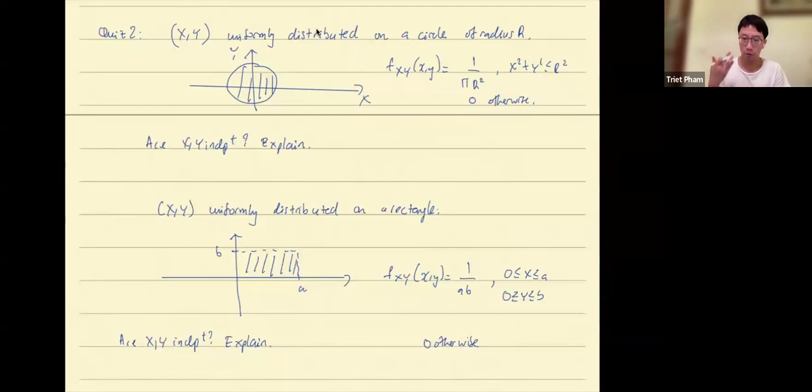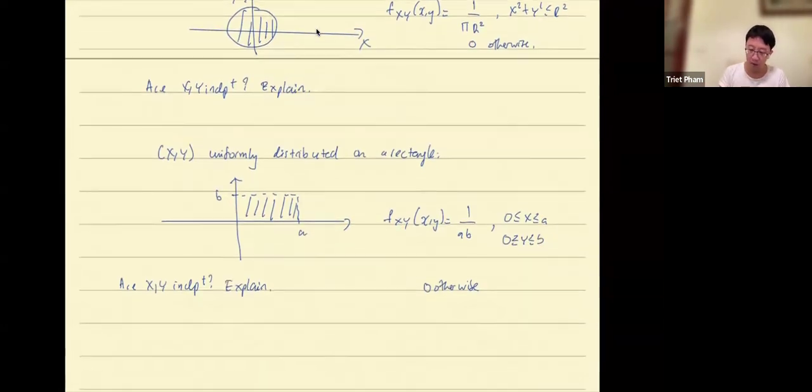So those are intuitive arguments to help you think along the way. What's the rigorous proof? The rigorous proof is that you have nothing better to do than to calculate the marginals, and to check whether the product of the marginals is the joint.